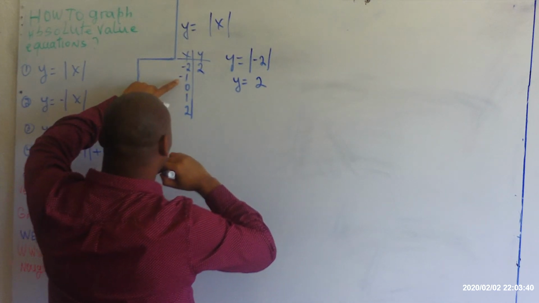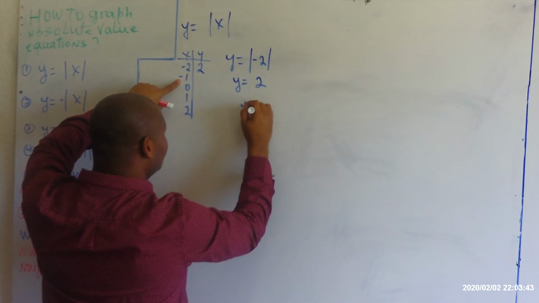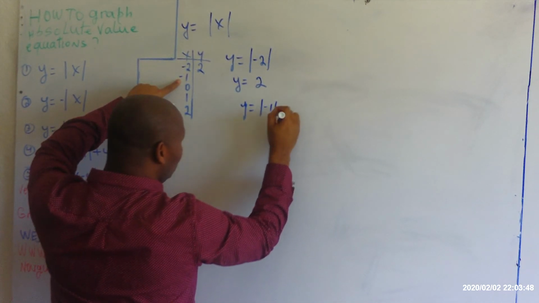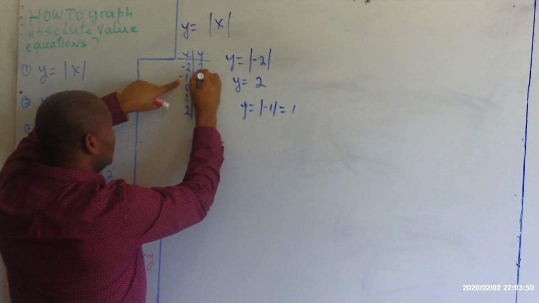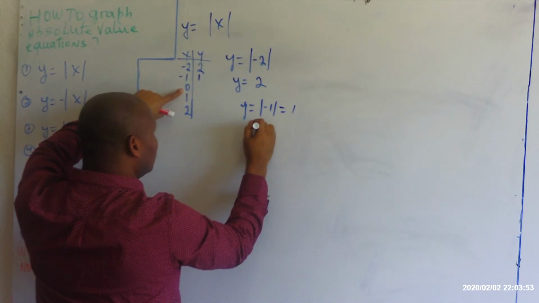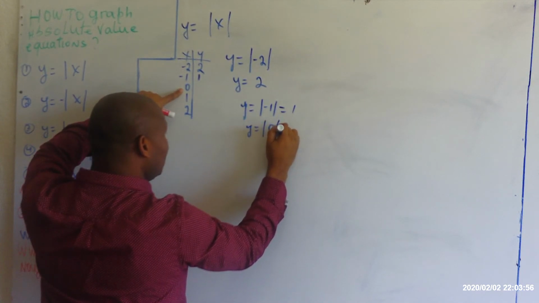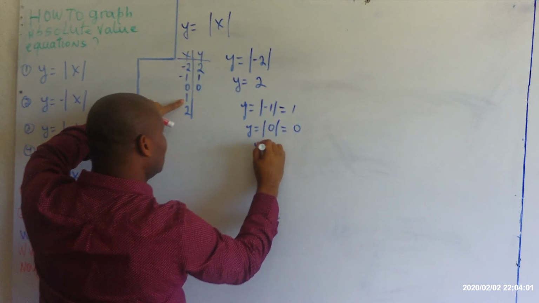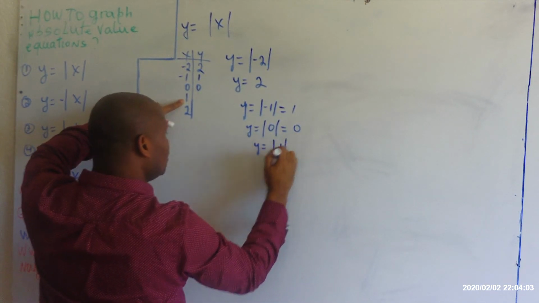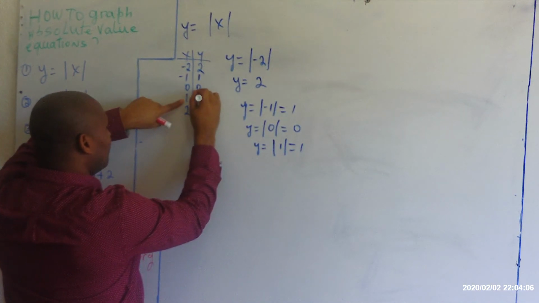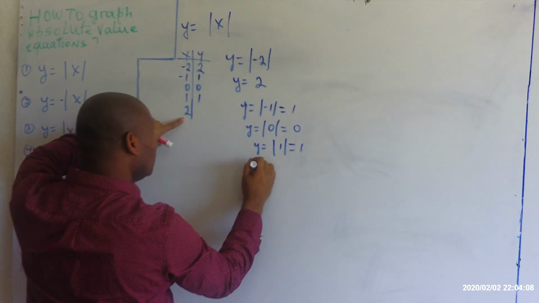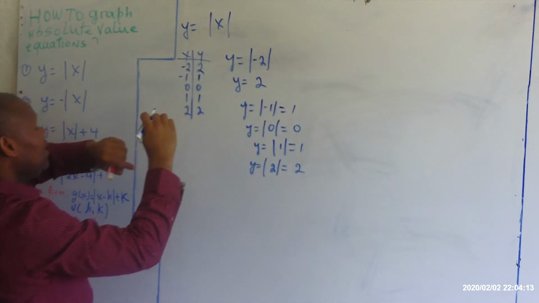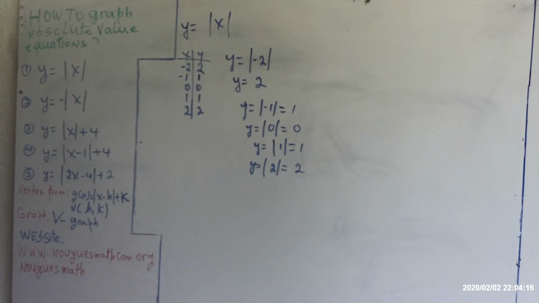For -1, you will do the same thing. The absolute value of -1 equals 1. The absolute value of 0 will be 0. The absolute value of 1 will be 1. The absolute value of 2 will be 2. We get all the points we need.